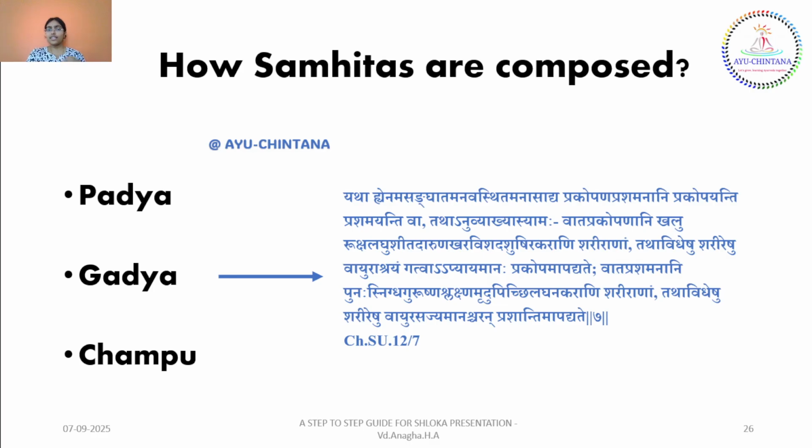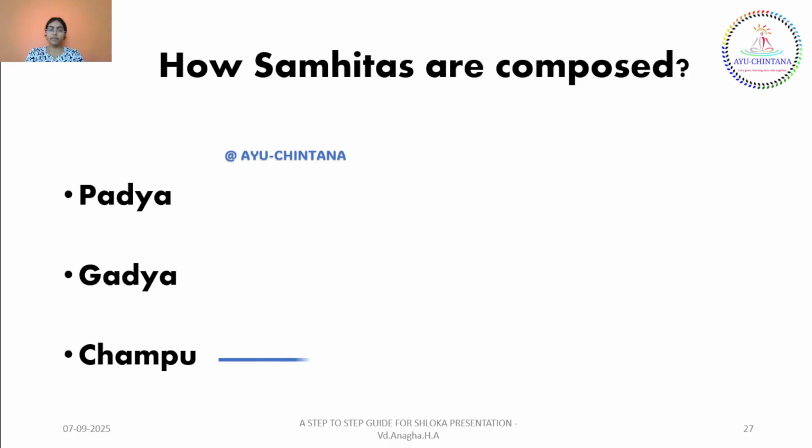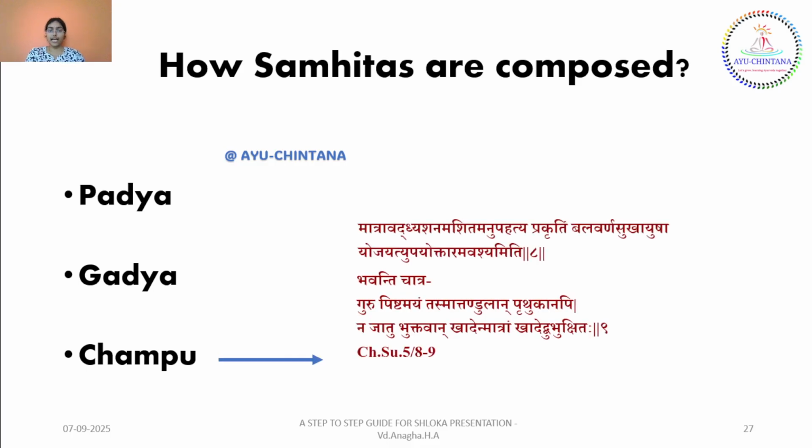So then what is the right variety of composing a text? Majorly what we can see in Charaka Samhita is the Champu variety, because Charaka Samhita has both Gadya and Padya in it. In almost all chapters, you will see at least one Padya and one Gadya, right?